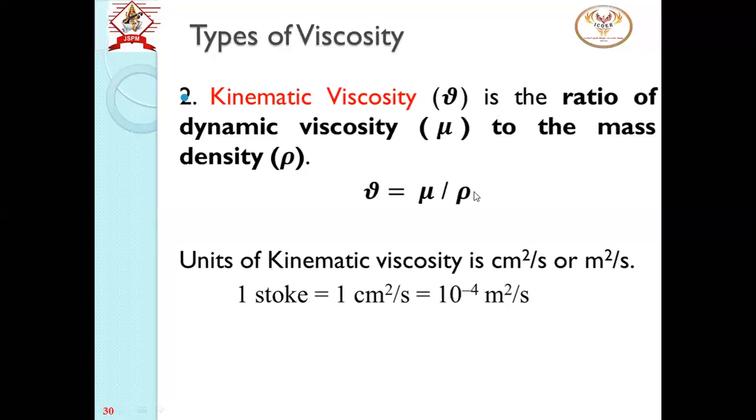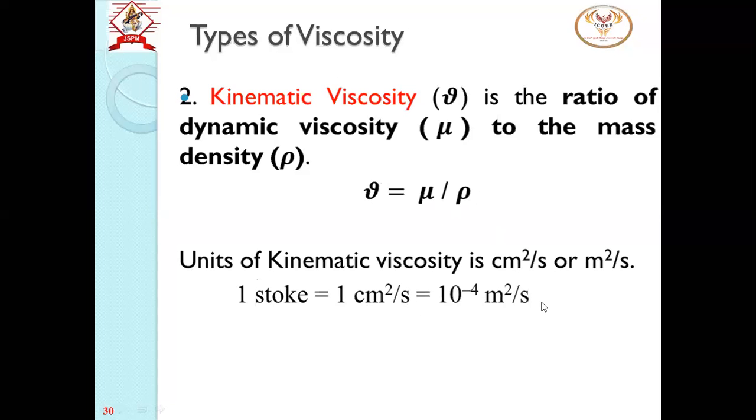The unit of kinematic viscosity is centimeter square per second or meter square per second. Stoke is the CGS unit again, one stoke is 1 centimeter square per second, equal to 10 raised to minus 4 meter square per second.